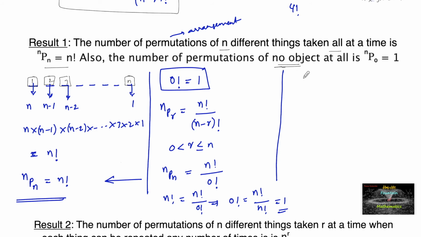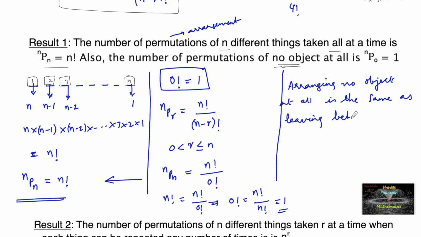So no object means that among all n different objects, we are not taking any object. That means it is the same as arranging no object at all, which is the same as leaving behind all the objects.